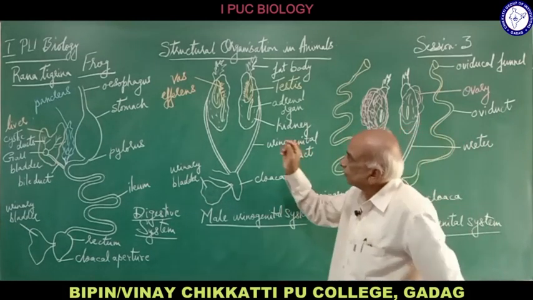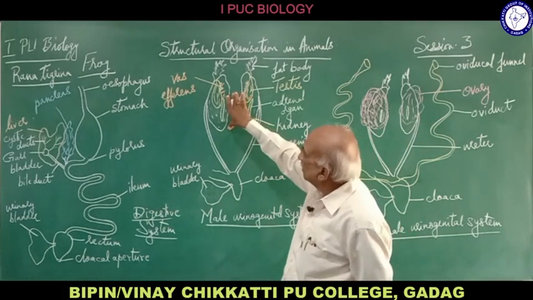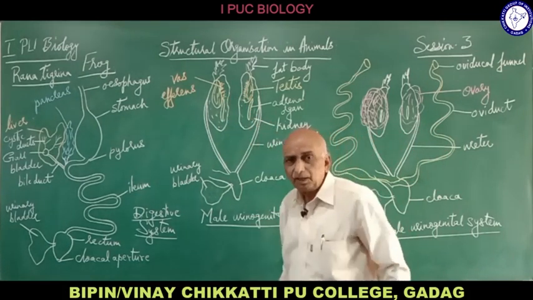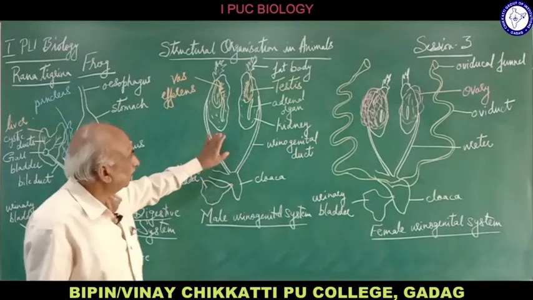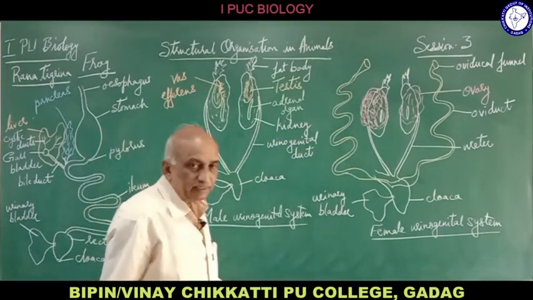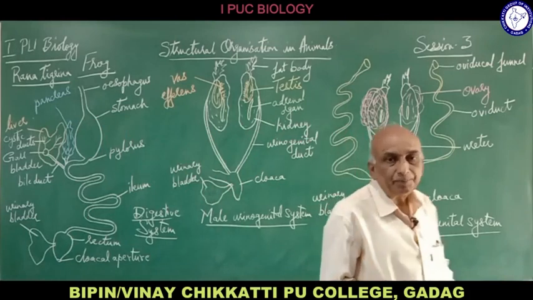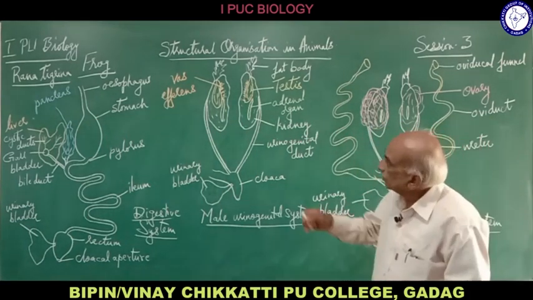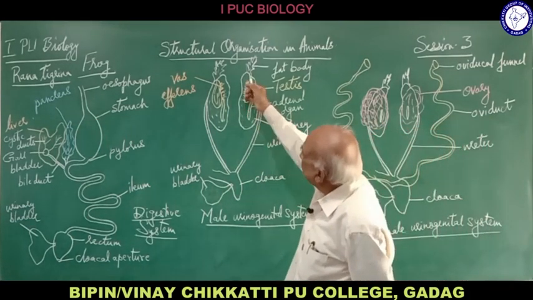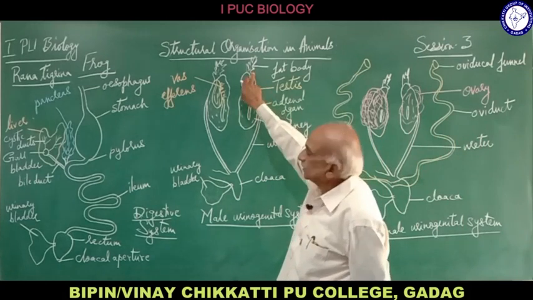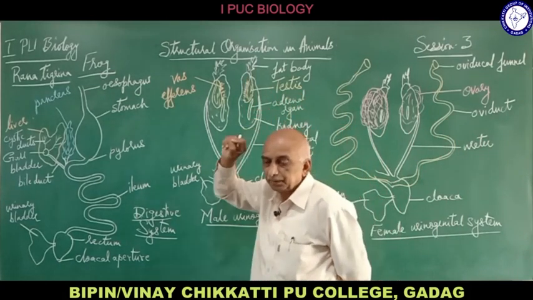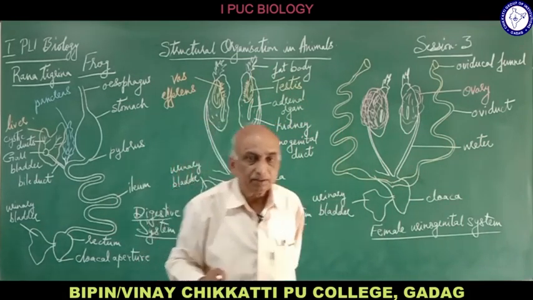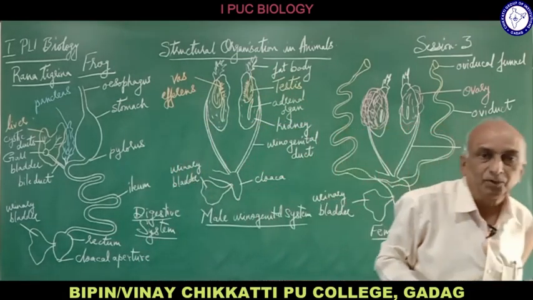Now one by one we shall see what the parts are in the male, and then we shall see the female. So the kidneys, which are elongated flat structures, are in pairs, present in the lower part of the abdominal cavity. On the anterior part of each kidney, there are some finger-like branched structures called the fat bodies.